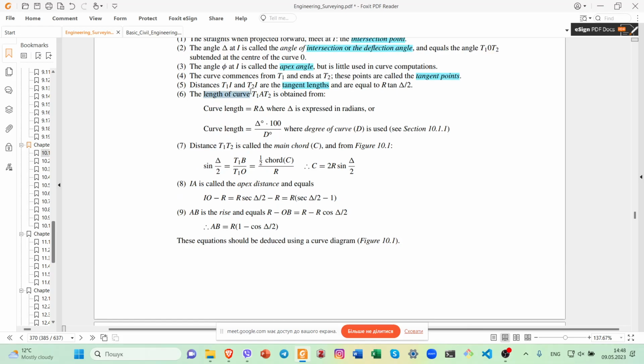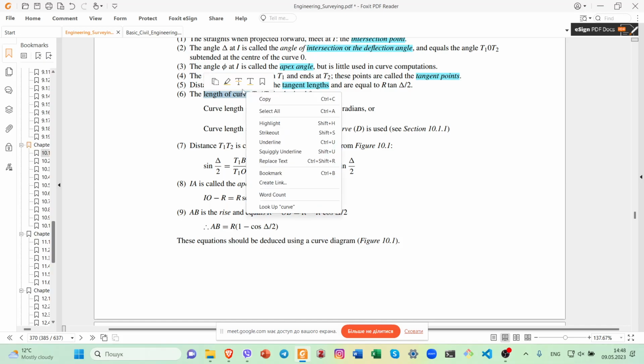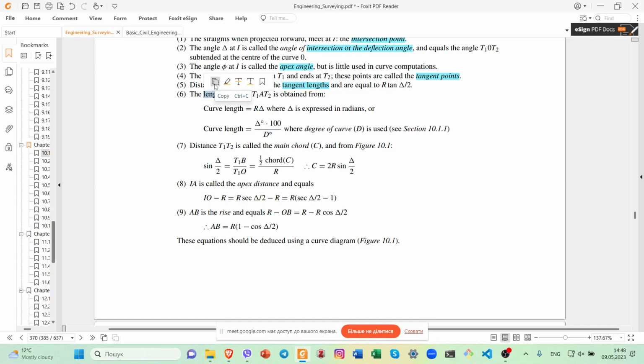So length of curve is another significant parameter.